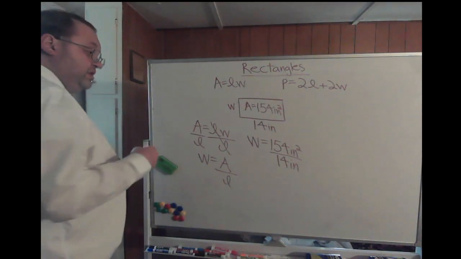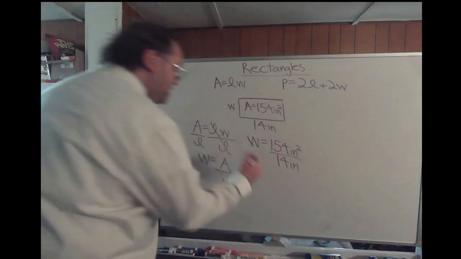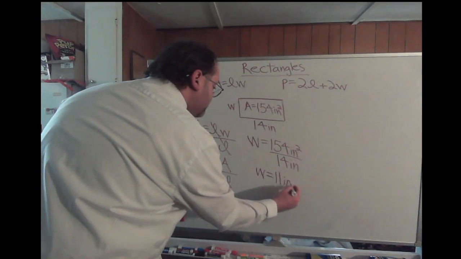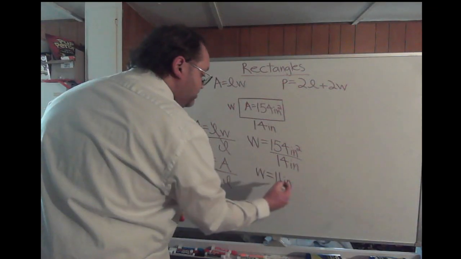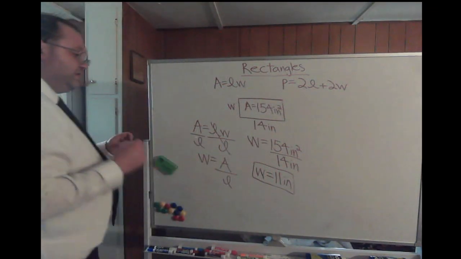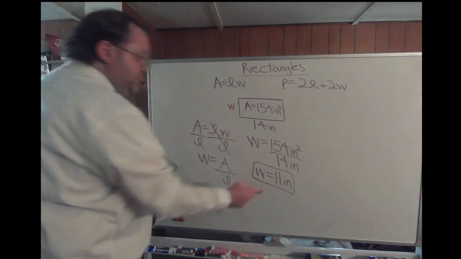It's going to be 11. So the width of this rectangle, the W, is equal to 11 inches because inches squared divided by inches is inches. So the width is going to be equal to 11 inches.